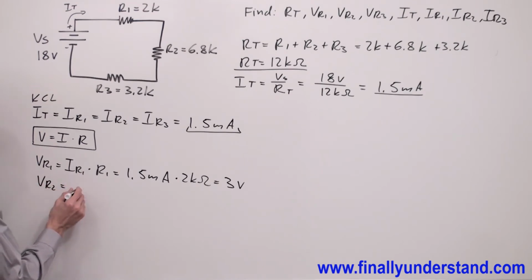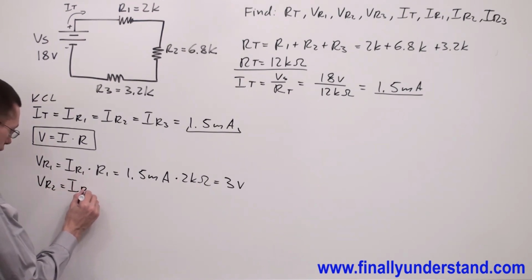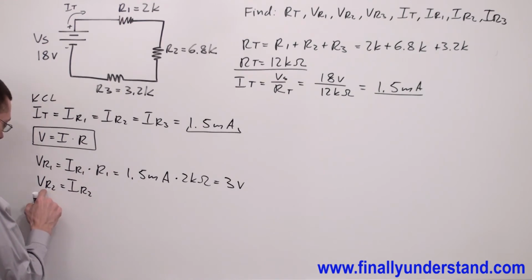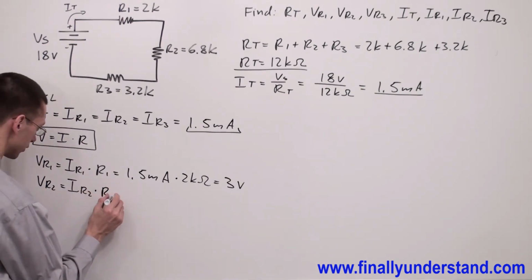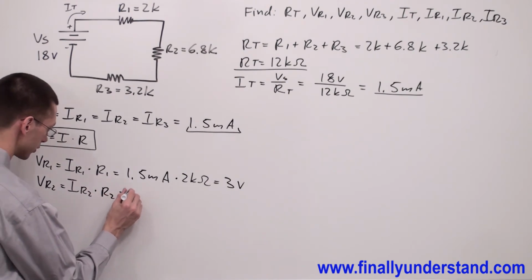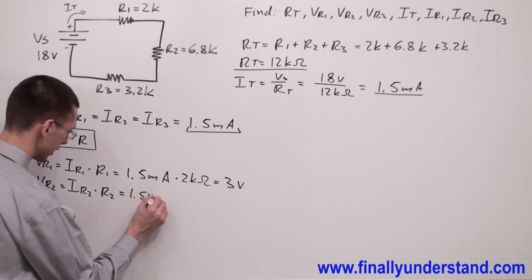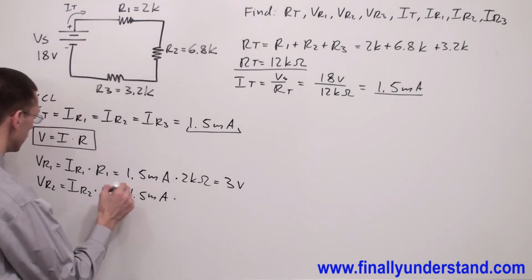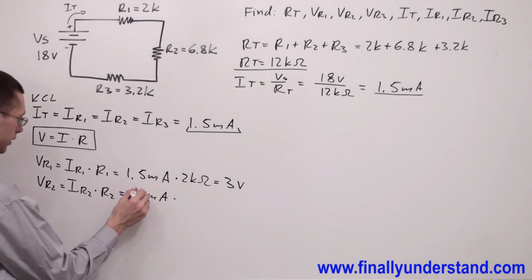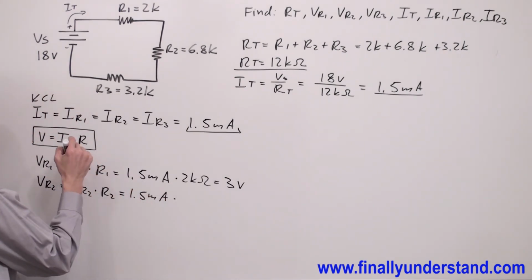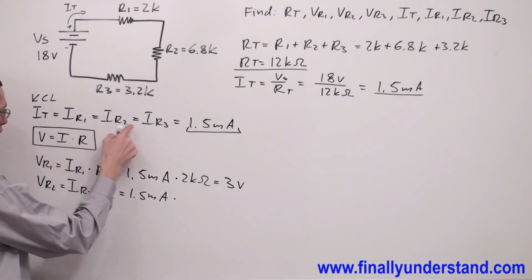VR2 is going to be equal IR2 in this case, because I'm looking for the voltage across the second resistor, times resistance of the second resistor, equals 1.5 milliamps. Remember, one more time, current in this circuit is the same for every single resistor.